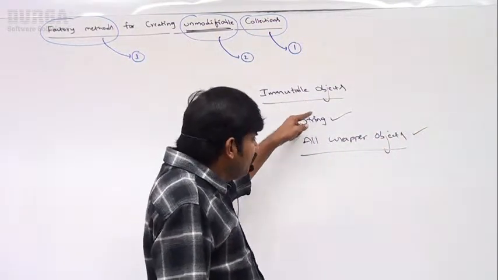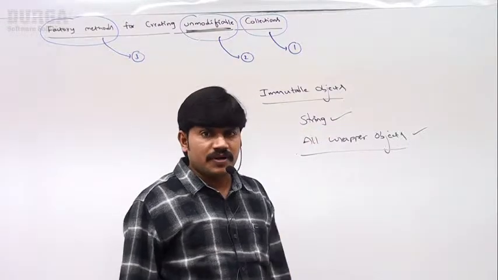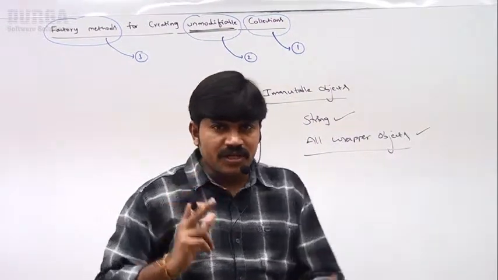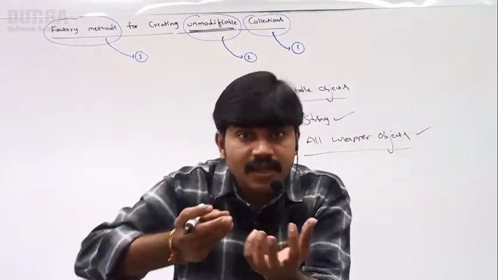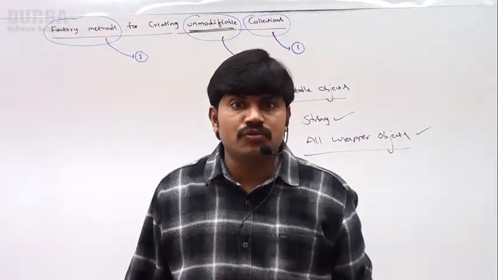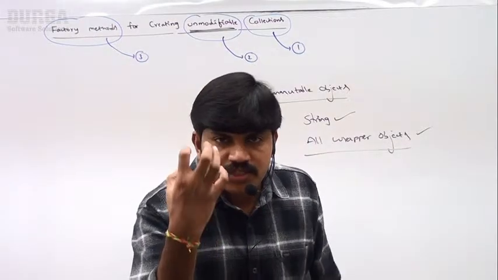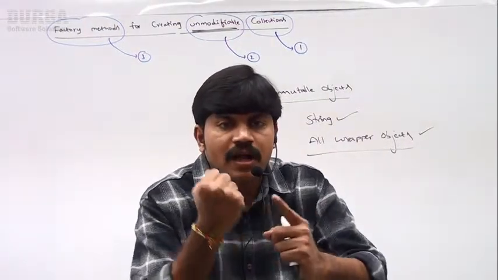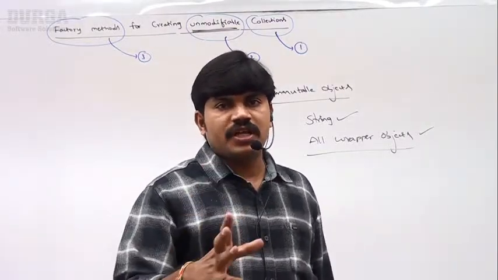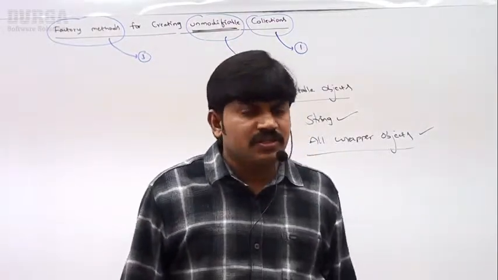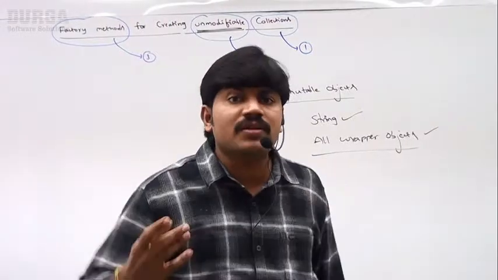Then, what is the meaning of immutability? Sir, once we create an object, you are not allowed to perform any changes to that object. Once we create an object, we can't perform any changes to that object by mistake. If you are trying to change, of course, you can't change.